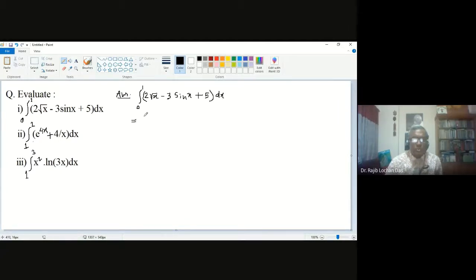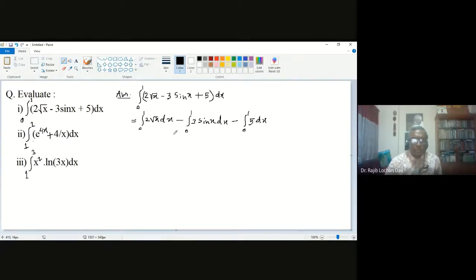So first one is 0 to 1, 2 root over x dx. Then second part is 0 to 1, 3 sin x dx. Third one is 0 to 1, 5 dx. So you do the integration one by one.